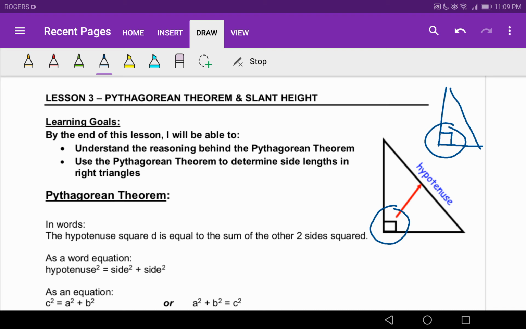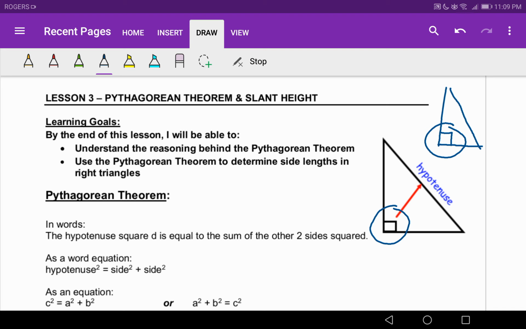Let's start by taking a look at what the formula is and how we're supposed to label the triangle. This formula is going to help us find unknown side lengths of right angle triangles, but we have to know at least two sides to find the third side length.